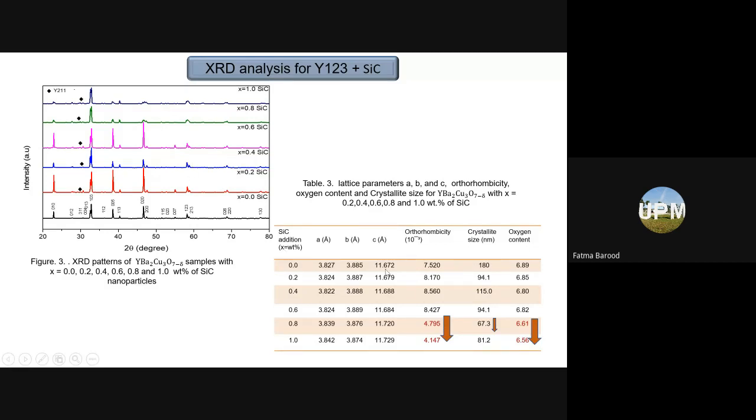The crystalline size and the orthorhombicity were decreased, especially for a high percentage of silicon carbide addition. This is maybe because the silicon carbide nanoparticles prevent the growth of YBCO crystallites in these samples.